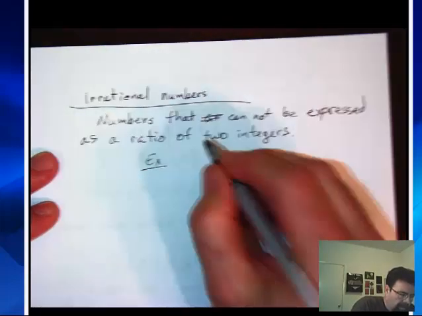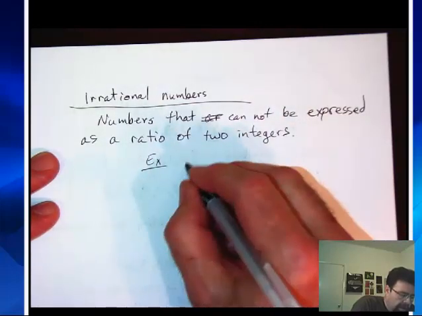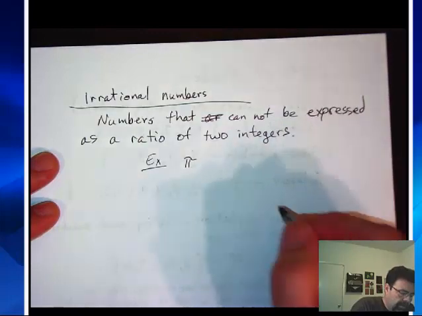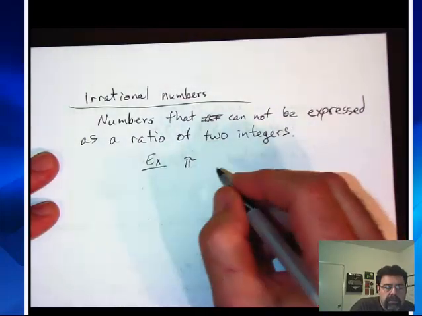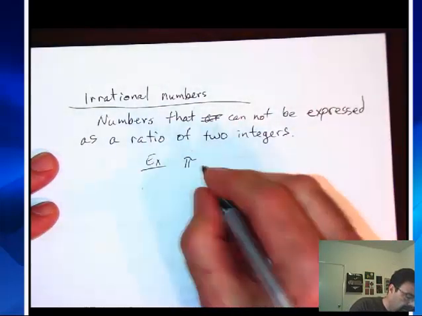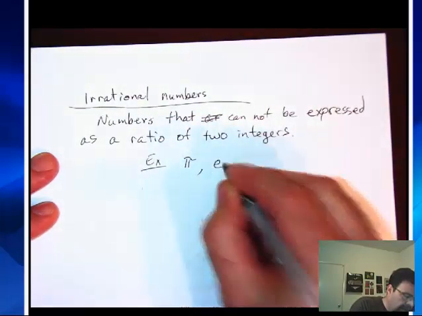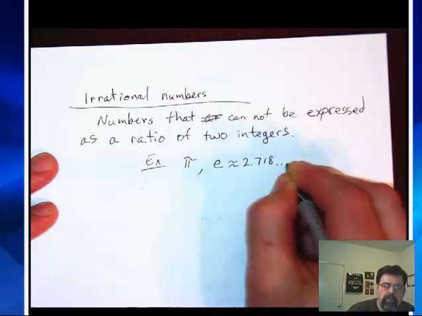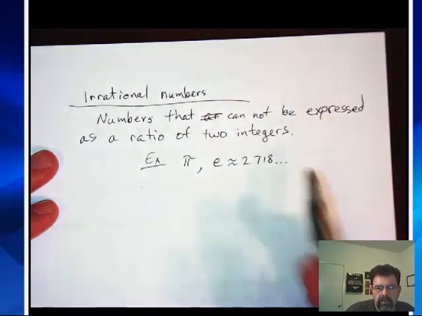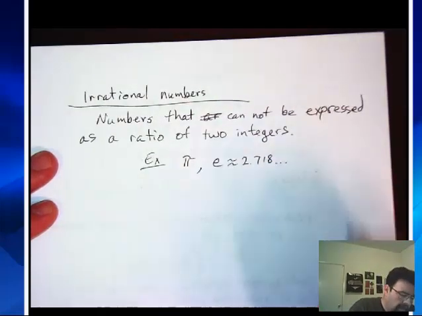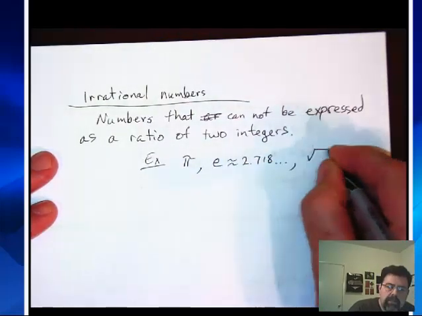Okay, so some examples of those, we talked about them earlier, those constants. Pi, that's an irrational number. You cannot write it as a ratio of two integers. 22/7 is not pi, it's an approximation of pi. So pi, e, again that number 2.718. See, it's a non-terminating, non-repeating decimal. It goes on forever and ever. There's no pattern. That's irrational.